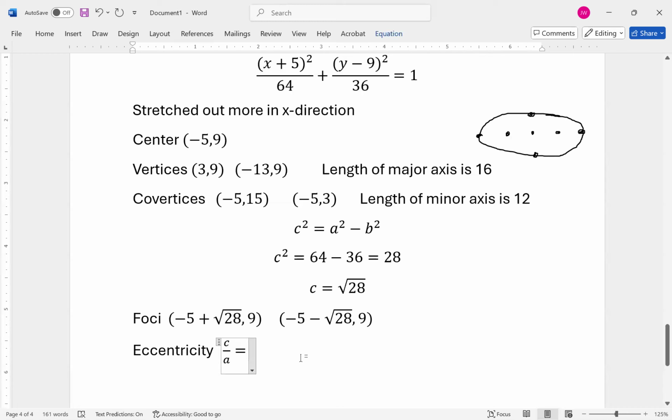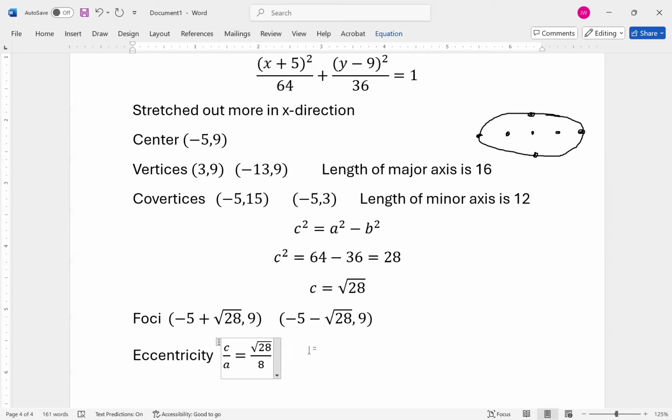The eccentricity is going to be the square root of 28 divided by 8. Again, c was square root of 28. a is 8 because a squared is 64. Therefore, square root of 28 over 8 is my eccentricity.